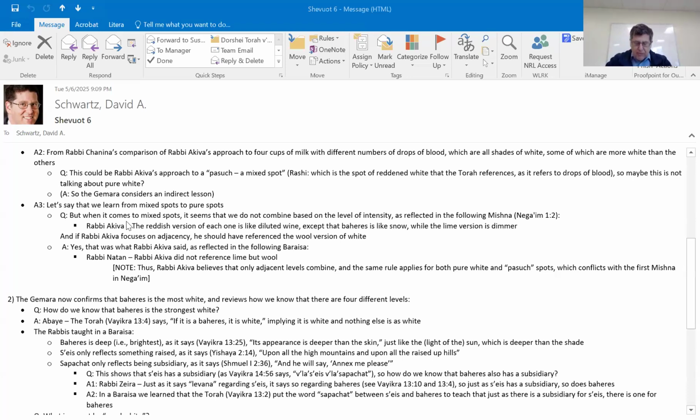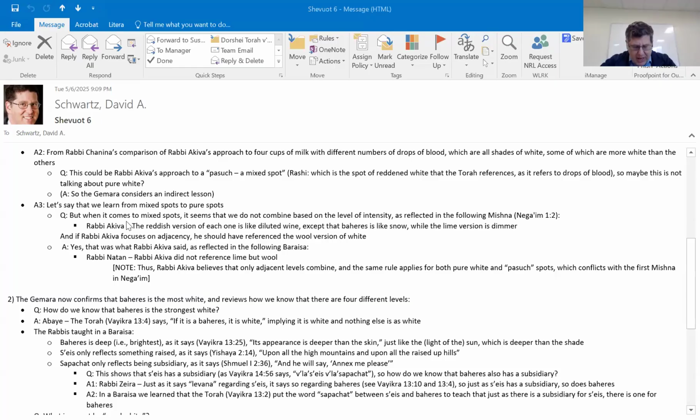That shows that the Sapakas goes in both directions. It could go before it to the Seis, and it could go after it to the Beheres. And so that shows that there is a secondary for both Beheres and Seis.